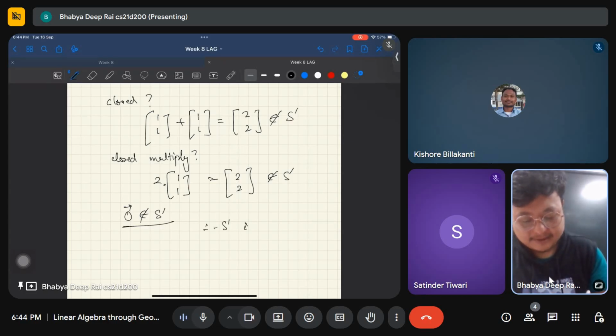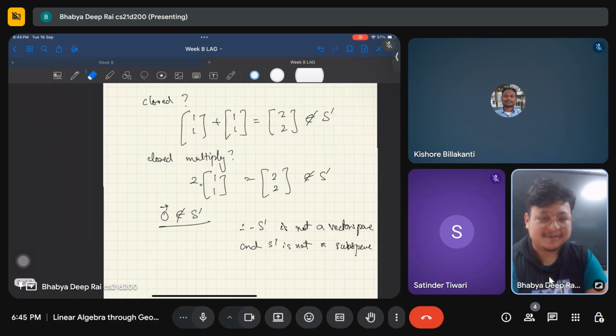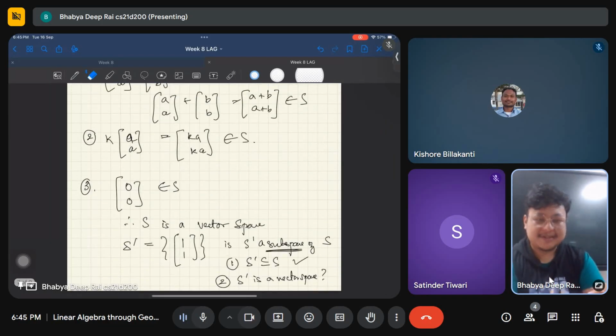Therefore, S prime is not a vector space, and S prime is not a subspace. So you see that being a subset does not mean it's a subspace, because S prime was a subset. Does that answer your question?